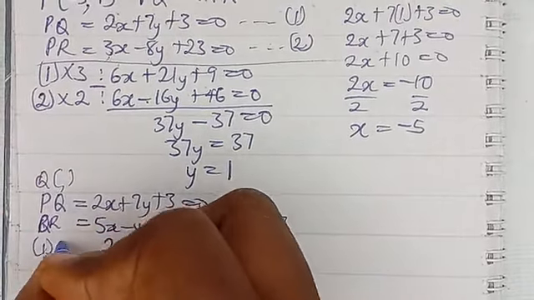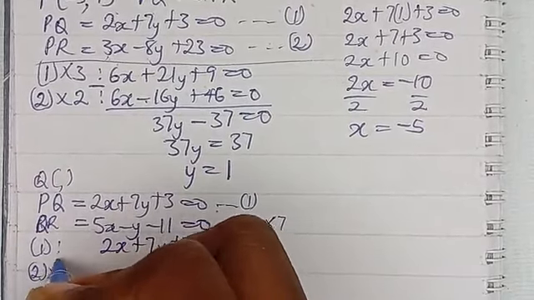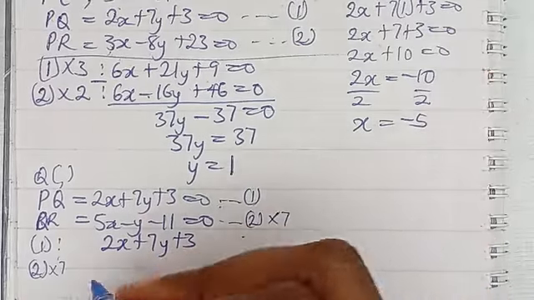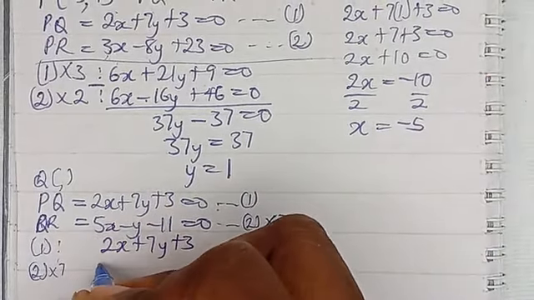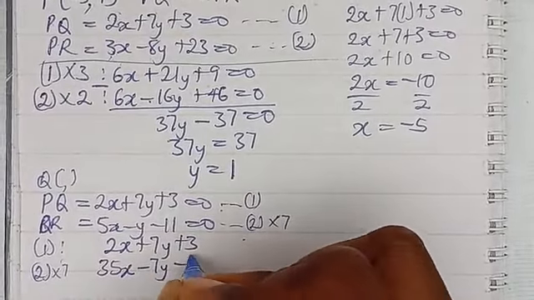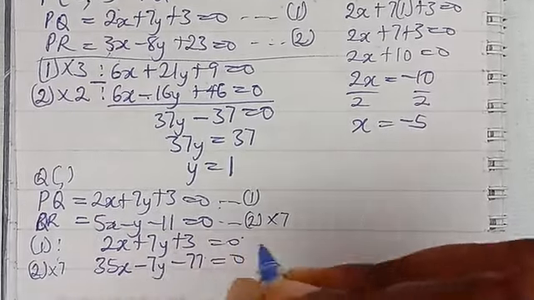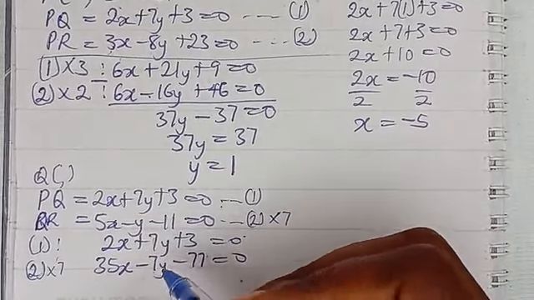Then equation 2 we multiplied by 7, so that we have 7 times 5 is 35x minus 7y minus 77, and that's equal to 0.